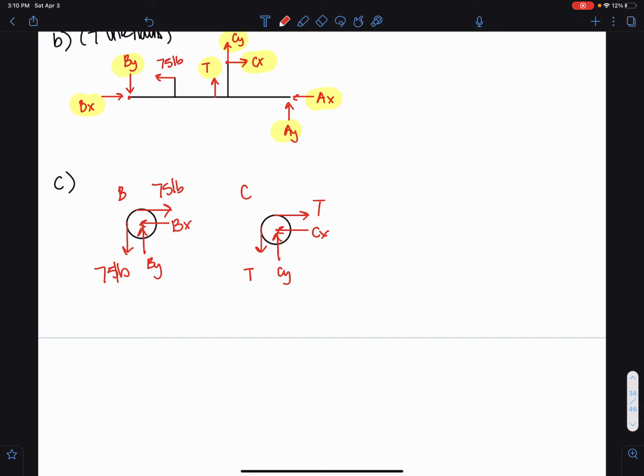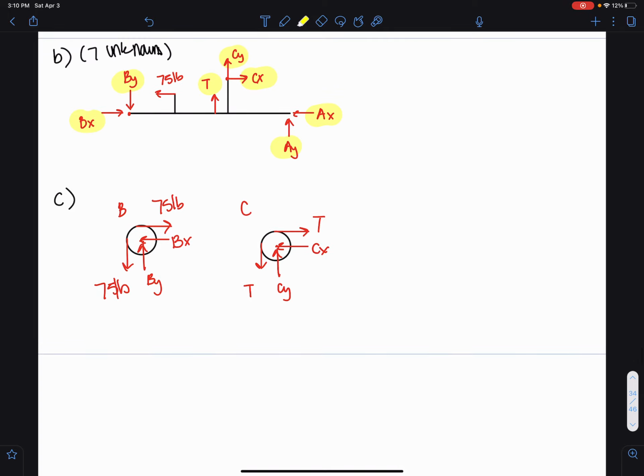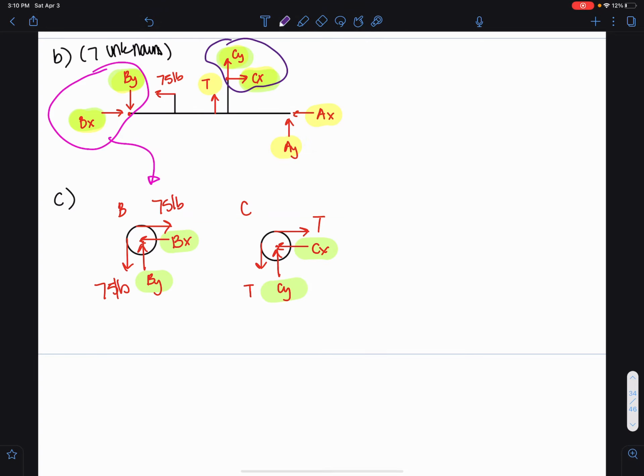They're opposite to the force components exerted by the pins on the frame. So they're equal and opposite to, I'm going to re-highlight these. So these here are equal and opposite to these here. And these here are equal and opposite to these.